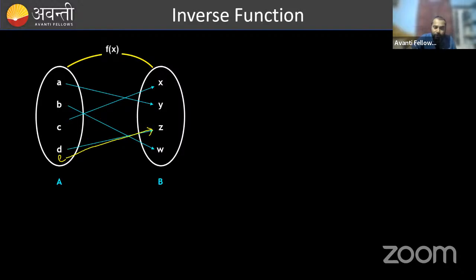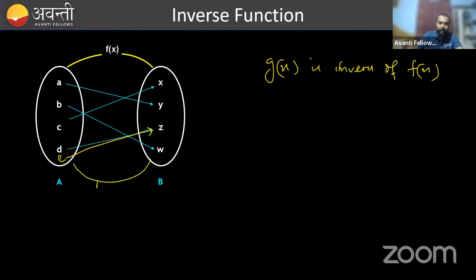So d is mapping to z and e is mapping to z, and I am telling you g of x is inverse of f of x, right? g of x is inverse of f of x. ठीक है, is it true? No, it is not true. Why is it not true?